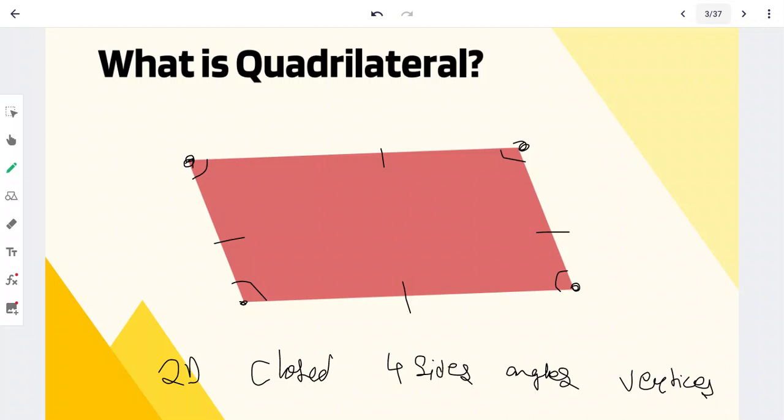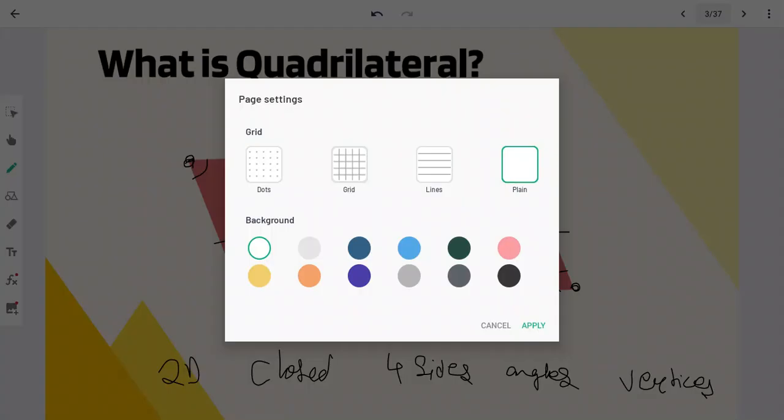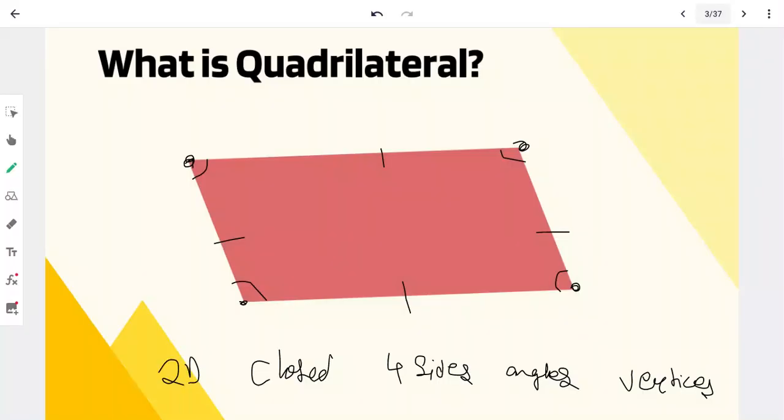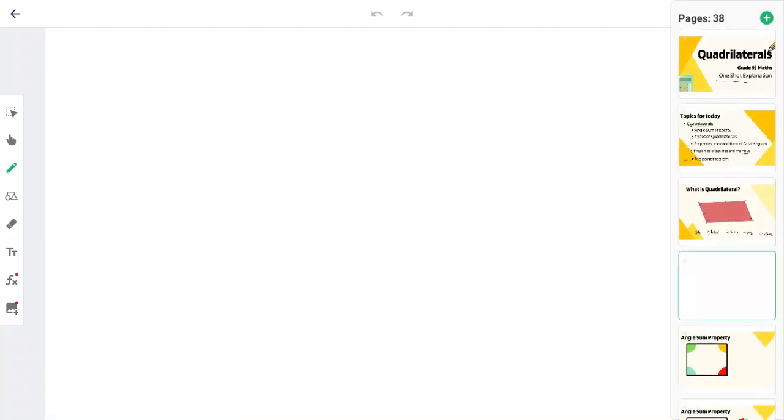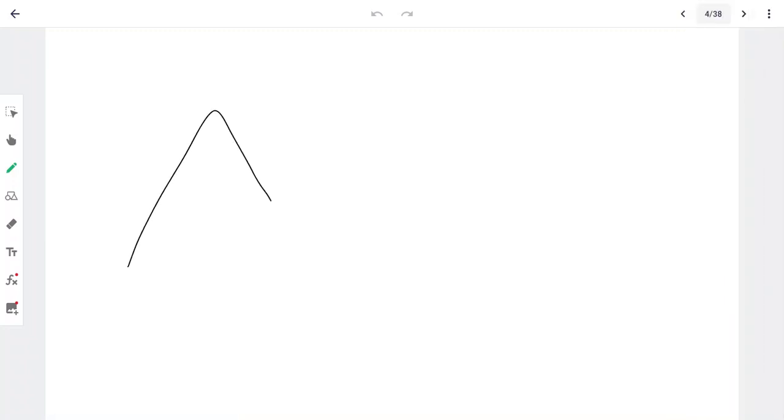Now students, let me add a blank slide. If you remember, we had studied about triangles. Triangles have three sides, correct?